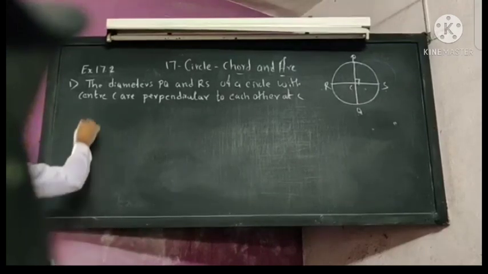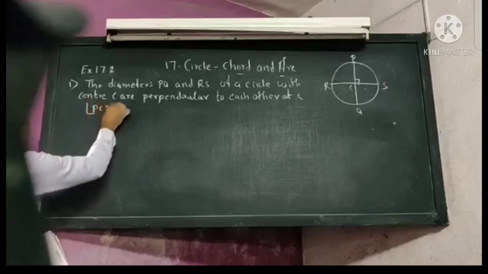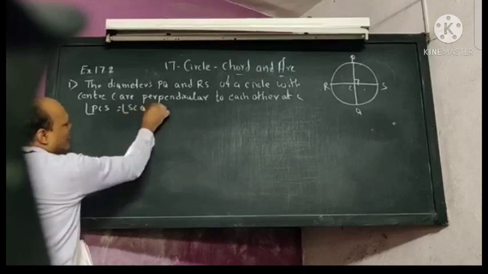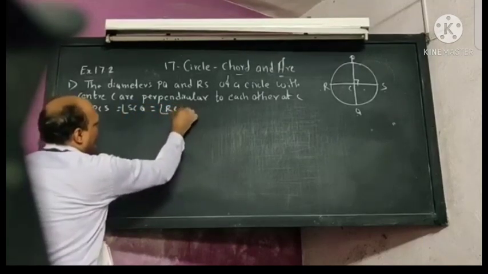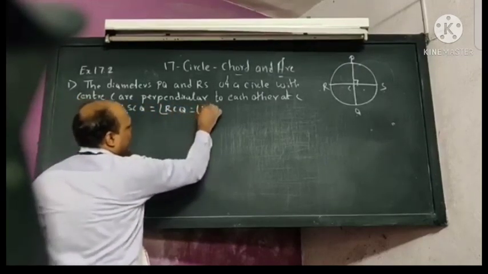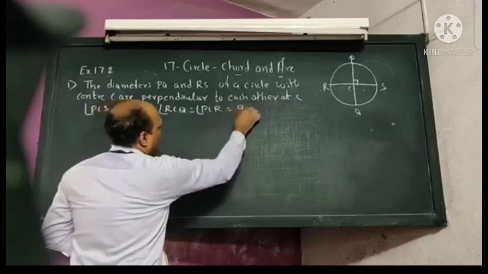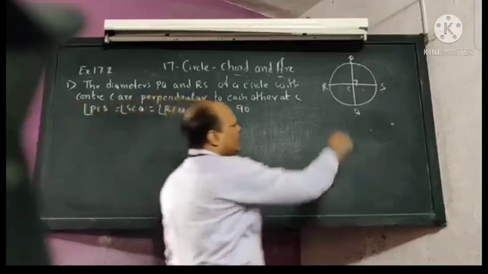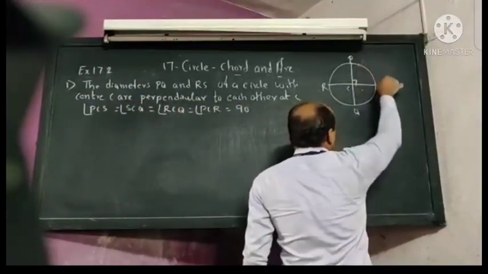It means that angle PCS is equal to angle SCQ is equal to RCQ is equal to PCR, which is equal to 90 degrees. All the 4 angles will be 90 degrees. And I already explained that for a central angle, the measure of the arc will be the same.